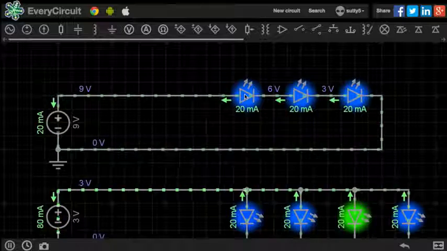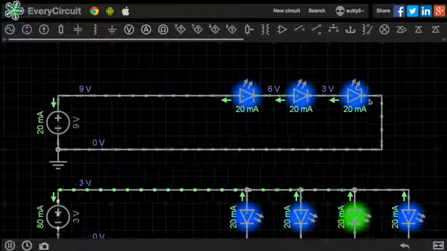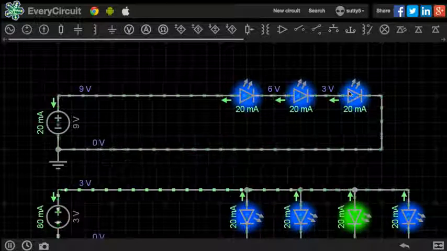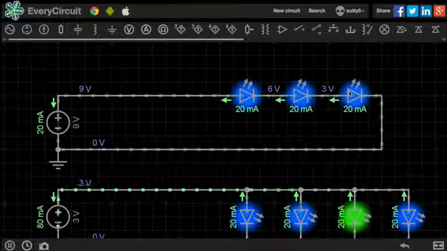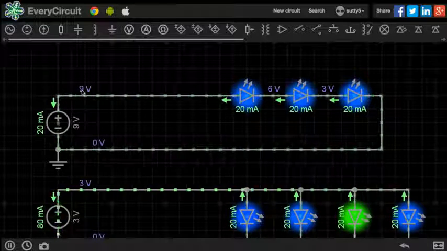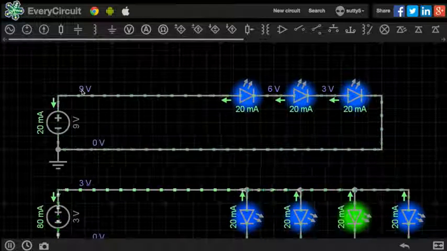Now, because they're in a series circuit here, each of the LEDs has its own resistance in the circuit. To overcome that resistance, going back to Ohm's law, you actually need to increase the voltage to allow the current to flow through the circuit.